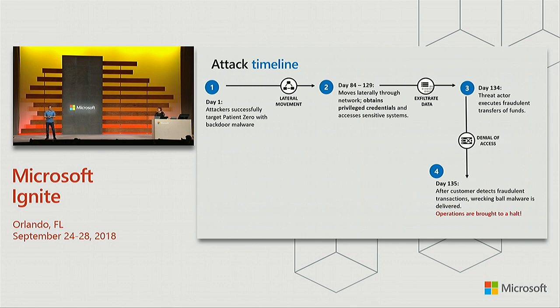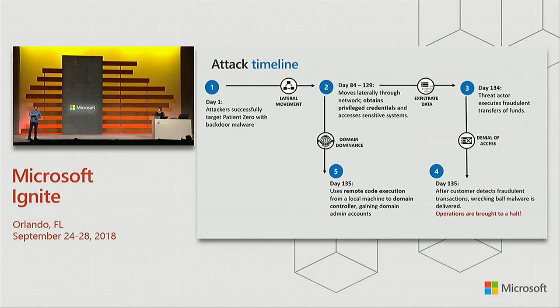Are they doing that because they are bad? Well, yes, they are bad, but they didn't do that just to shut down the organization. They do it to deceive the security operation team from the real thing that they are after, domain dominance. So see how smart the attackers are.